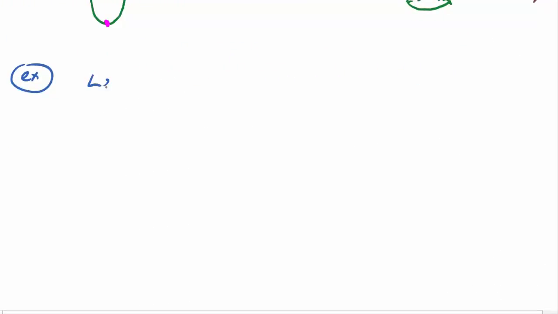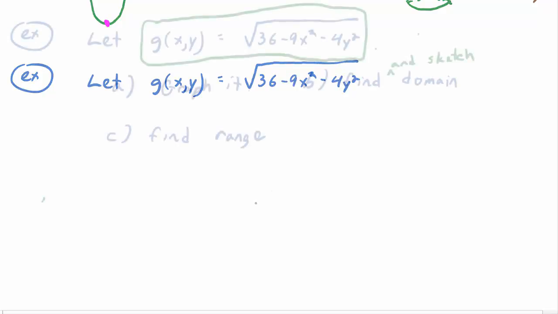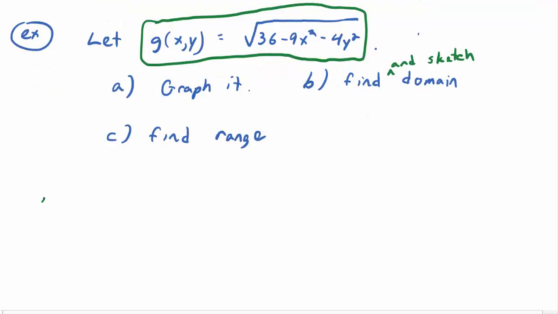So let's let g, now we don't have to use f all the time. Let's let g of xy equal the function square root of 36 minus 9x squared minus 4y squared. What could you always replace the function notation with? In a two-variable function, replace g of x, y with z.